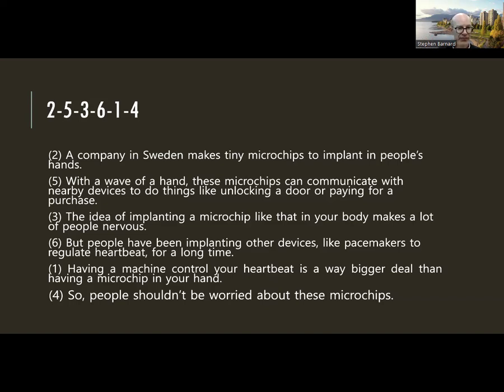Therefore, if you're not worried about having a pacemaker in your chest, you shouldn't have to worry about these microchips either. And that leads us quite smoothly to our conclusion. I'll give you a question like this on the test, a short argument, and then decide what would be the most natural order for the argument to be listed in.